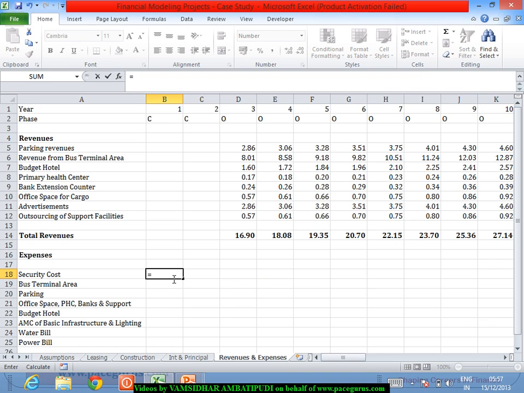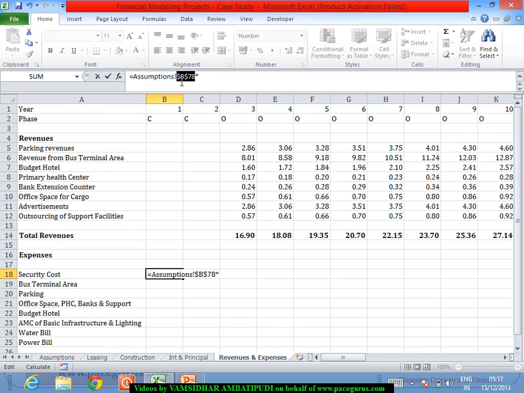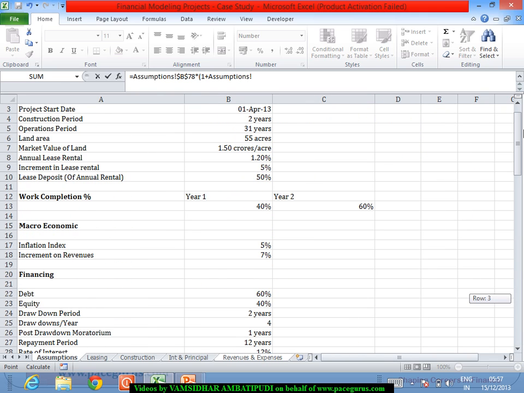What is my security cost here? This is the security cost, right? In this, I'm multiplying this security cost. Probably I have to block it, or I'll put a dollar here. The security cost multiplied by 1 plus inflation rate. What is the inflation rate here? 5%.